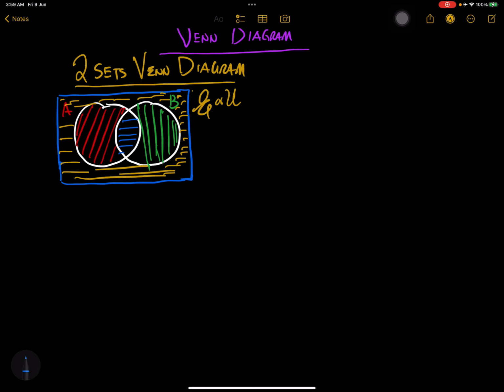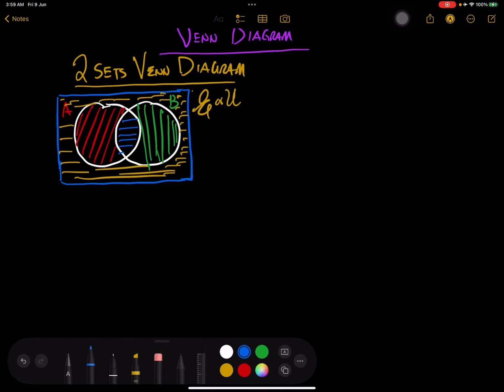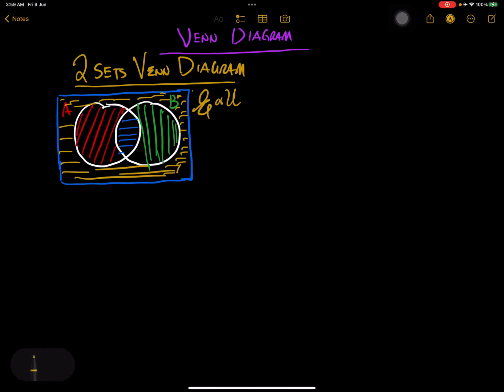Number one, since we have yellow lines, these yellow lines help us know that A union B, when we join A union B together, the two white circles together, and we find a complement, that is the region there.